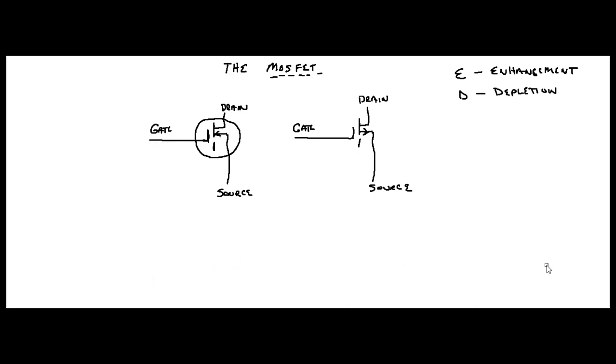Well, I'm back, and as you can see, I have gotten rid of the two charts below here. I have not changed the actual schematic diagrams of the MOSFET because I want to show you they're very similar, the D and the E, as far as how they're drawn, but here's the change.